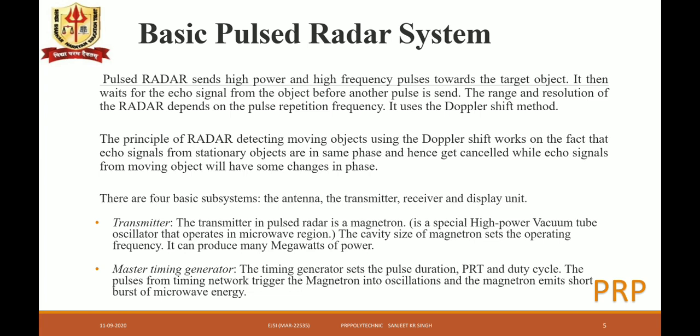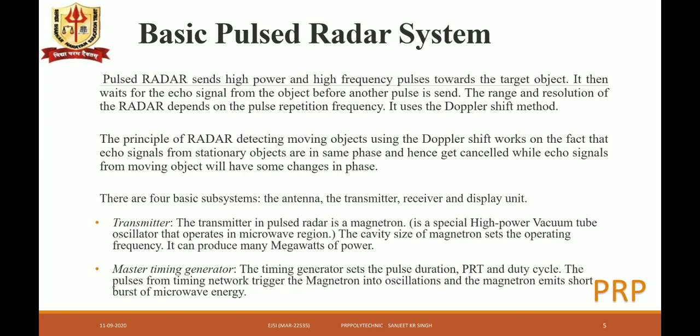For example, if the pulse width is 9 microsecond and PRT, the pulse repetition time, is 120 microsecond, then the duty cycle will be 9 divided by 120 multiplied with 100, so it will be 7.5% duty cycle.